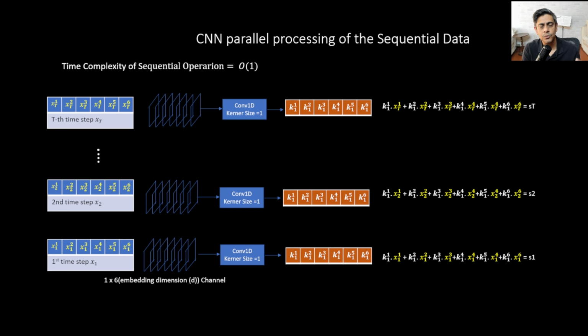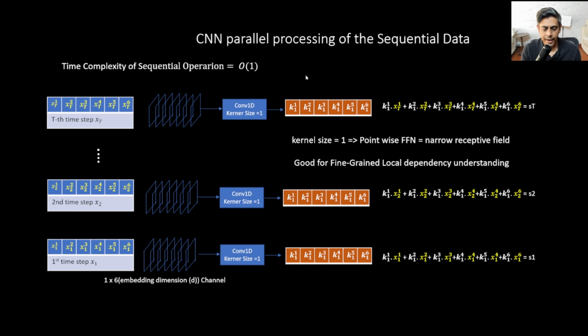The recurrence also slows down the network. All this we had learned in our previous session. But because the convolution operation can be done in parallel, its time complexity of the sequential operation is constant, big O of 1.